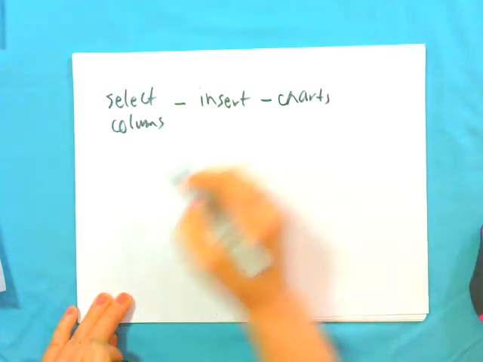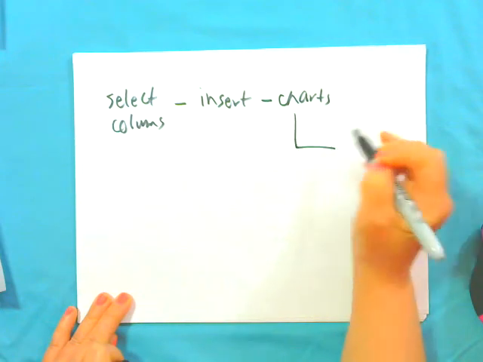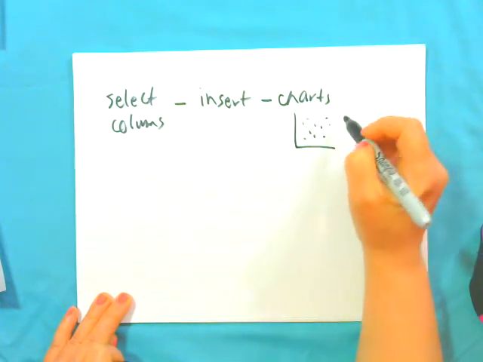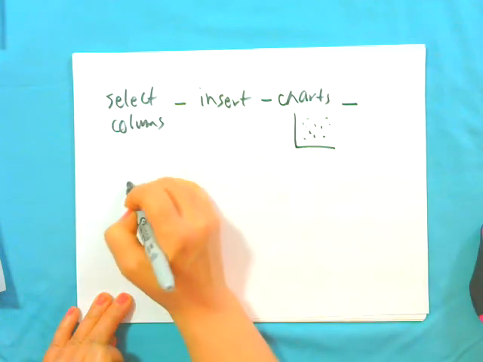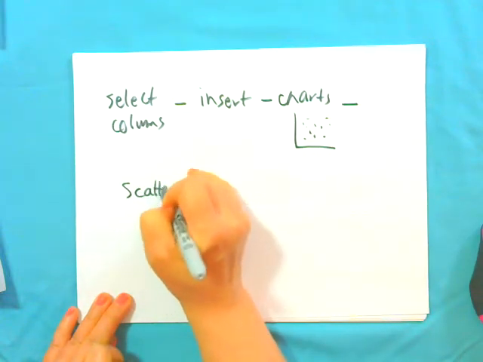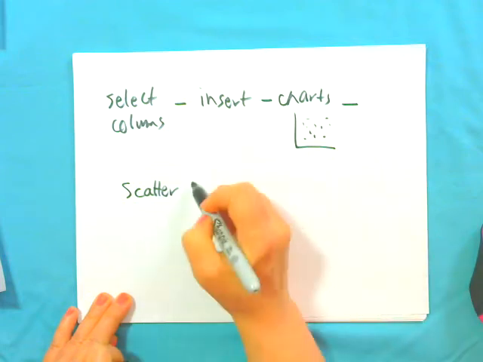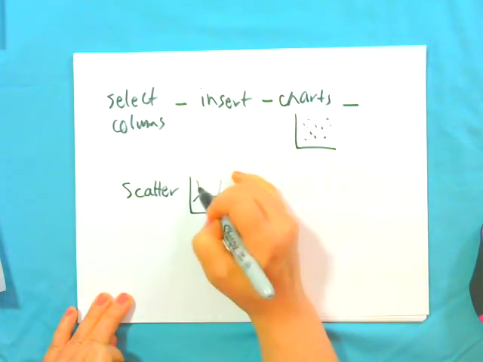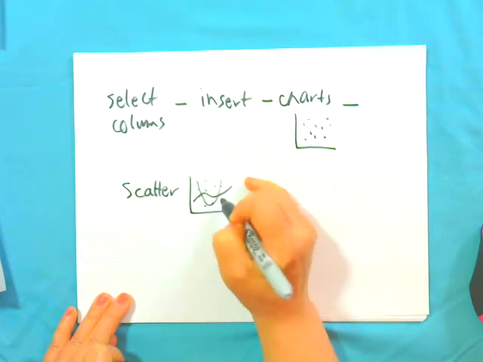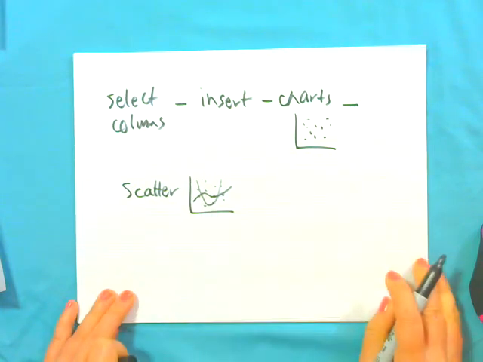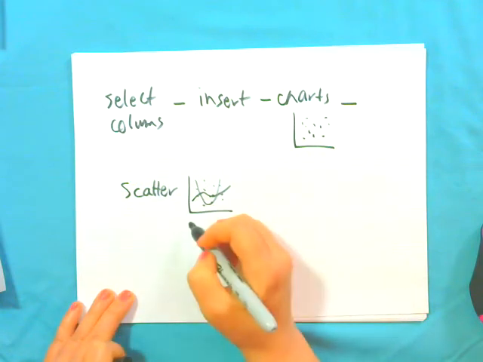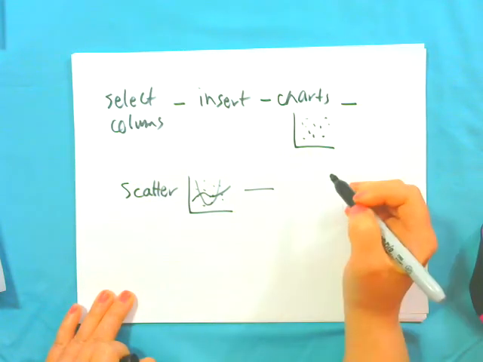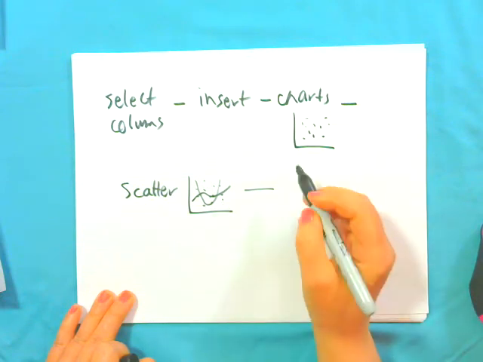The chart that you're choosing is a drawing that looks like this, and when you choose that, you'll see that it says scatter, because you're trying to do a scatter plot. Among the scatter plot options, I would suggest that you choose the one that looks like this, that has a bunch of little dots and a couple of wavy lines in it. So this is your scatter plot, and once you select that, you will have your chart.